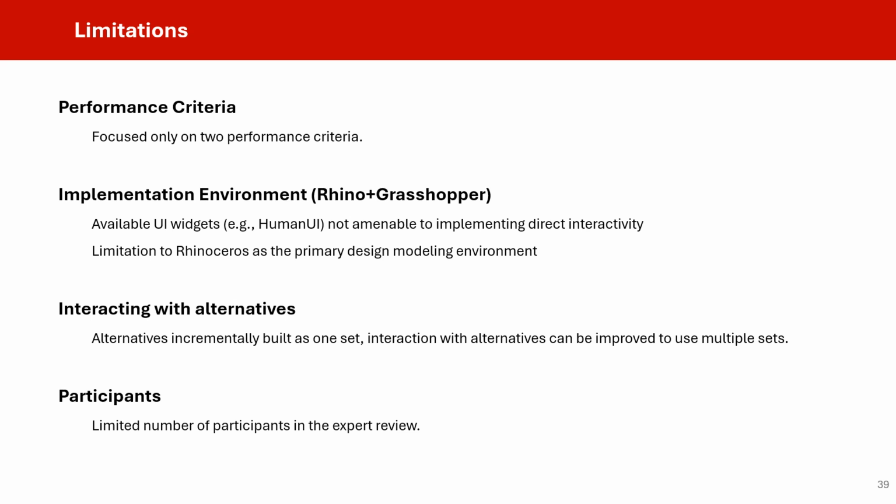Moreover, alternatives were incrementally built as one set. We should improve the interaction with alternatives to use multiple sets. And finally, the number of participants in our expert review was limited to 7. We will engage more participants in future expert reviews.